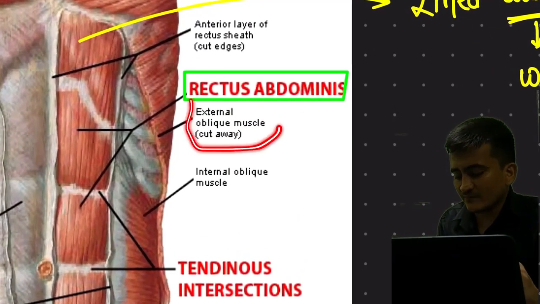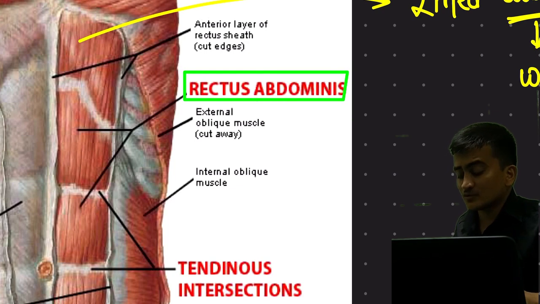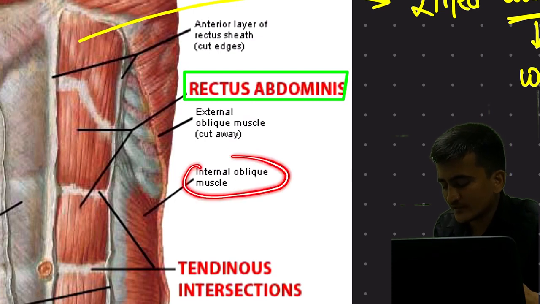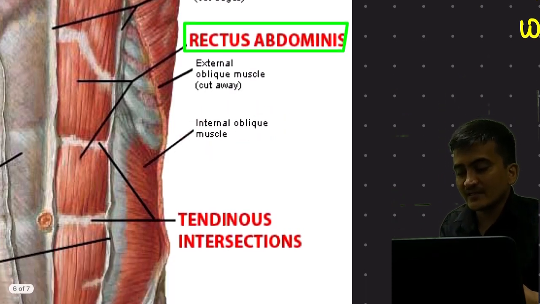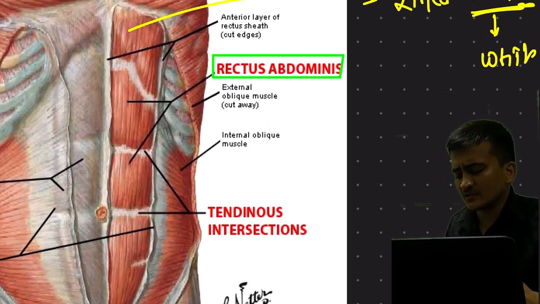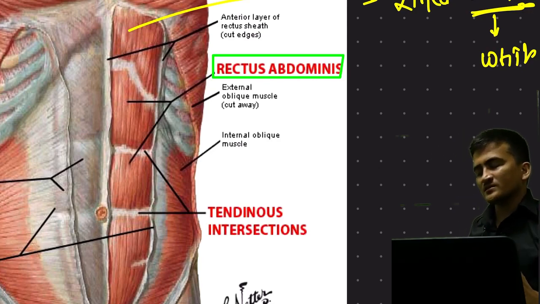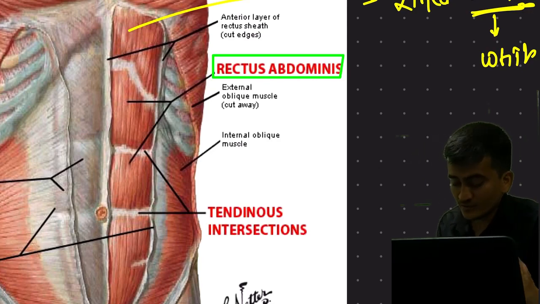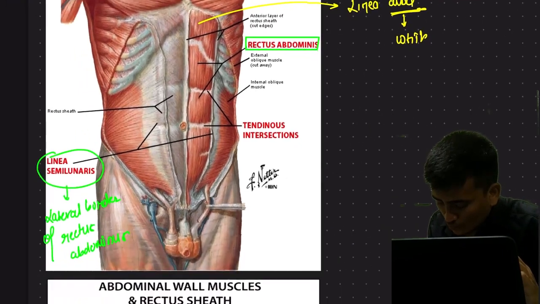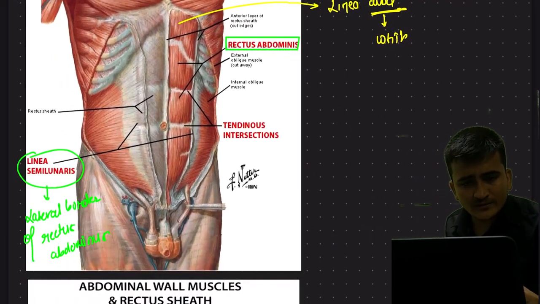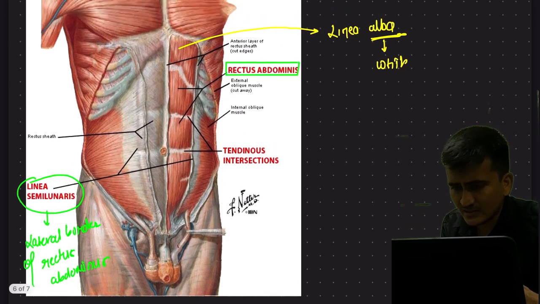Inside of the external oblique muscle, we will see the internal oblique muscle. Inside of that, we will see the transverse abdominis muscle. It's not shown right here. So that is what the rectus sheath is.